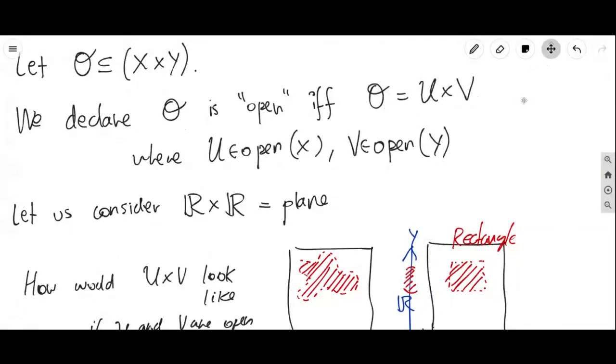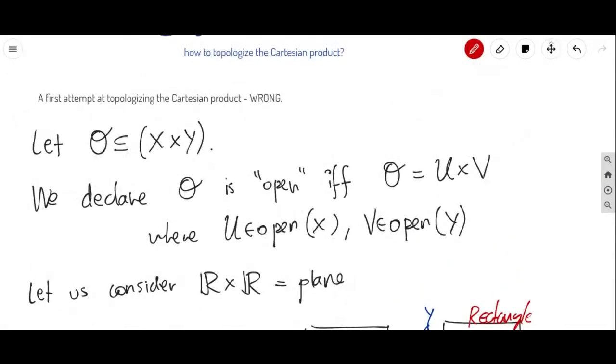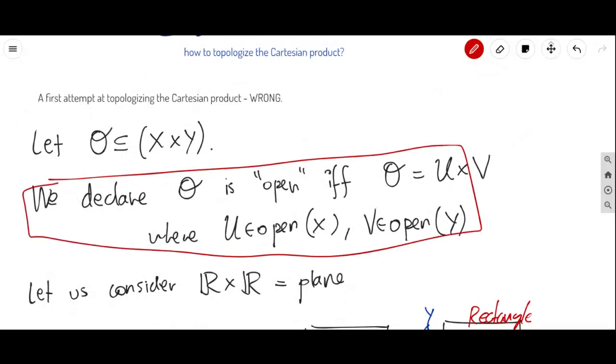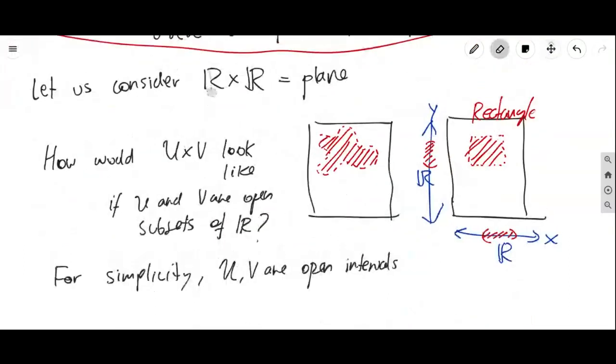So really what we should say is, the topology of X times Y should include sets of this type, but also more sets. So these are not enough. You have to have more sets, because otherwise the Cartesian product of R and R will not be R2. It will not be the usual topology on R2. It would be something totally different, if these are the only open sets that you allow.